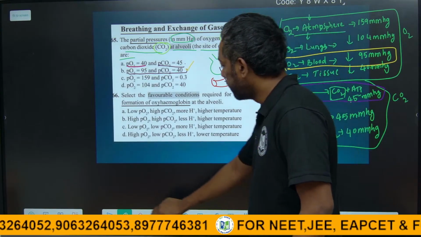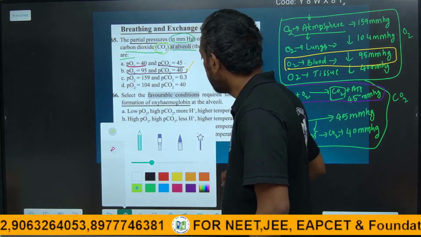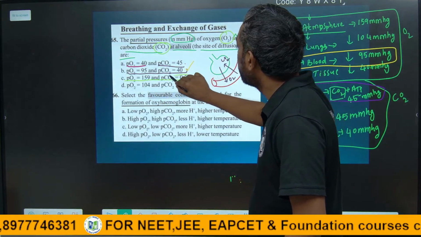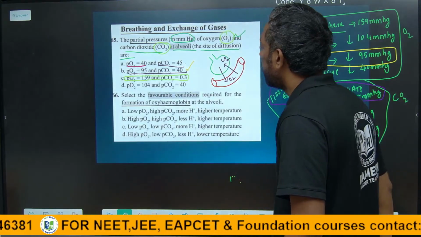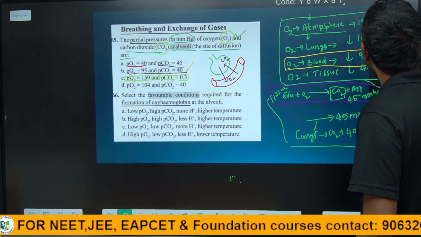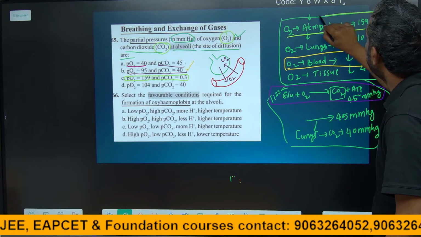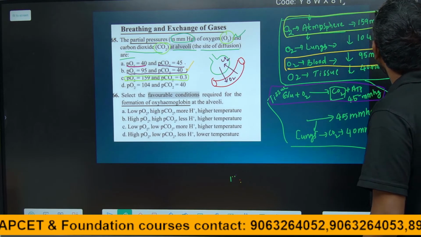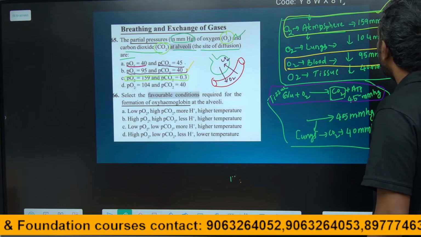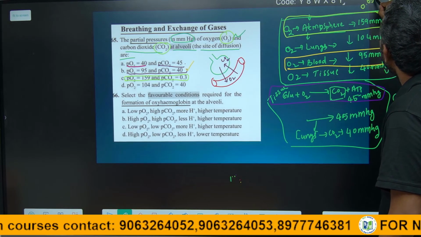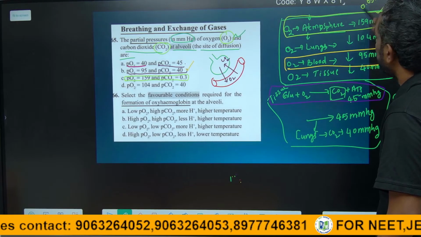Next, the partial pressure of oxygen is 159 mmHg and CO2 is 0.3. So, this is in the atmosphere, guys, where oxygen is 159 mmHg and carbon dioxide 0.03 mmHg.